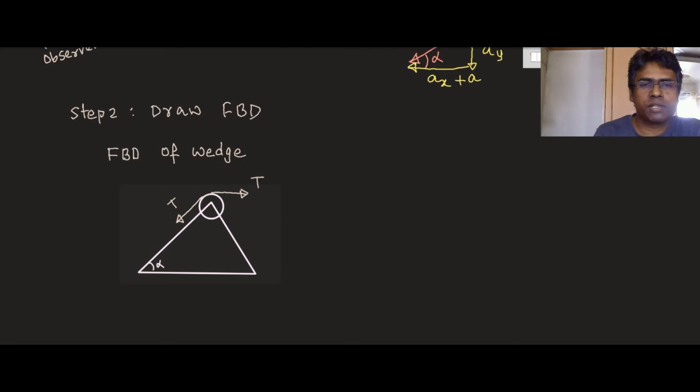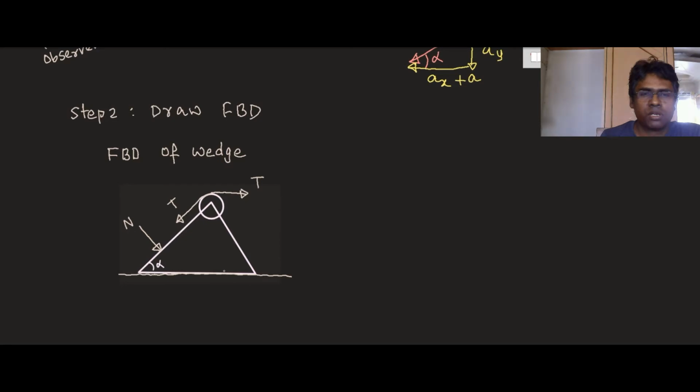Now the block is going to apply a normal force perpendicular to the surface of the inclined plane, so that is N. Because there is no friction between any two surfaces, there is no friction between this surface of the wedge and the ground, so there will not be any frictional force here.